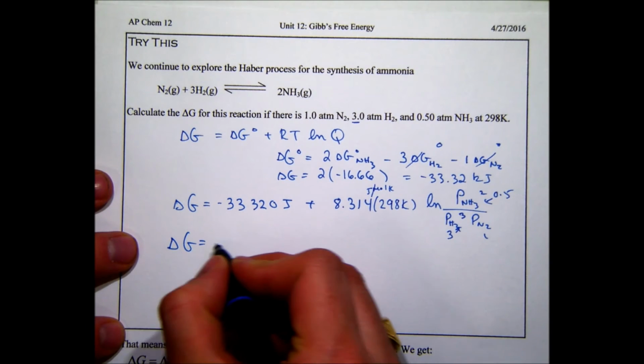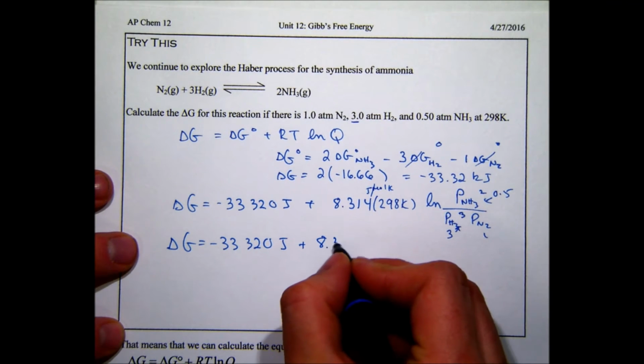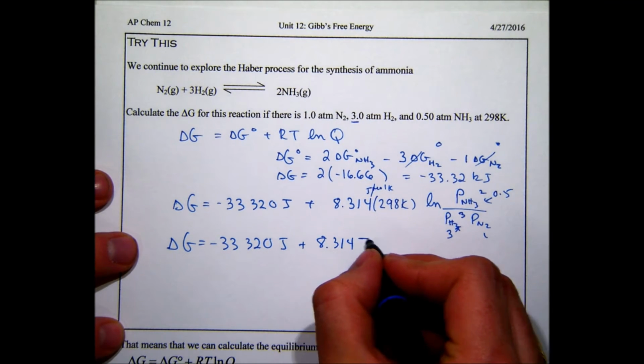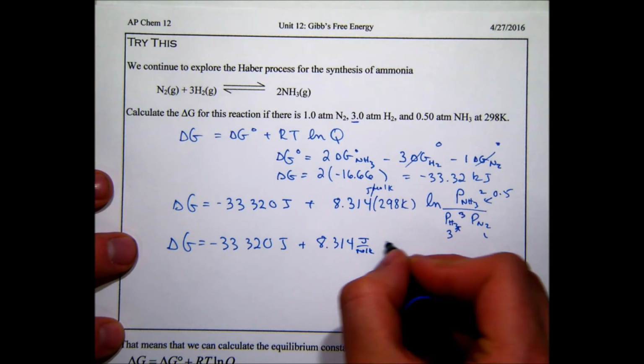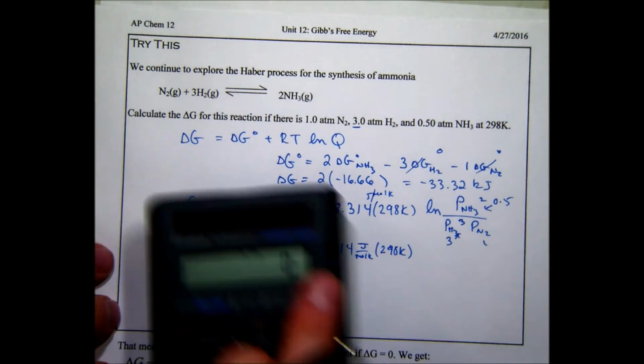So delta G is equal to negative 33,320 joules plus 8.314 joules per mole K times 298 K. So let's do our calculation.